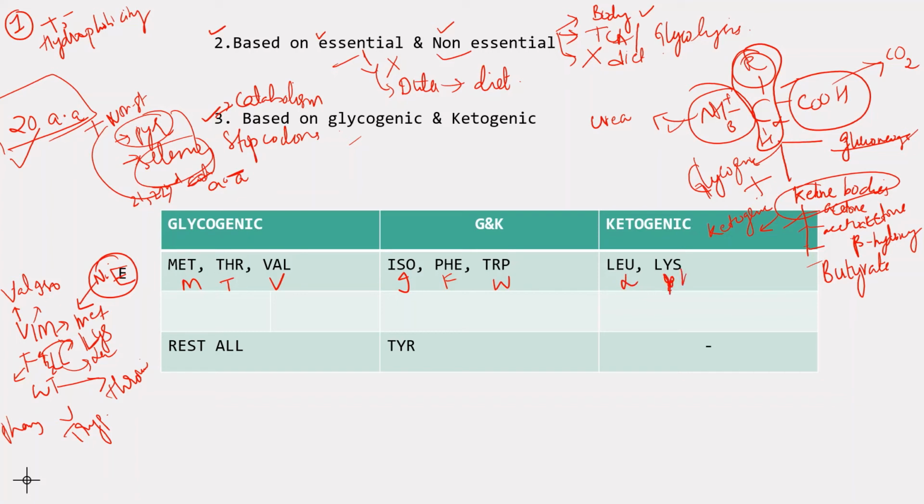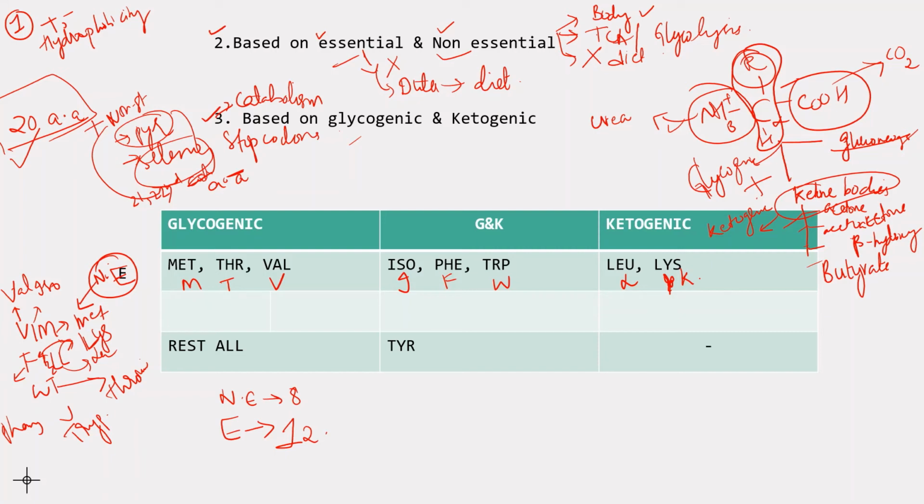Lysine is K. So these are the essential amino acids, and the rest are non-essential. Essential amino acids are 8, and non-essential amino acids are 20 minus 8, which is 12.